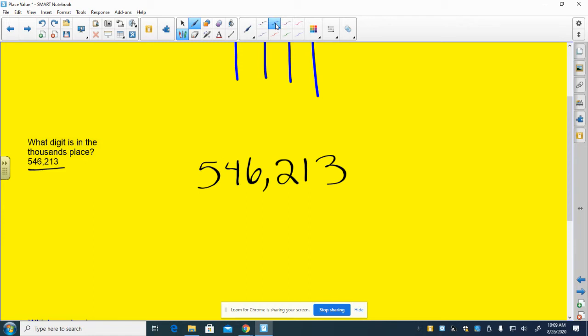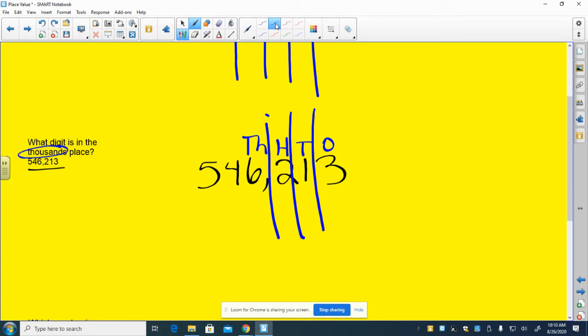I'm going to do something similar to what I did with the last problem. Right here is my ones, tens, hundreds, and thousands. I'm going to stop. The question's asking me about thousands. I'm going to stop here. Draw my streets to keep it organized. What digit is in the thousands place?